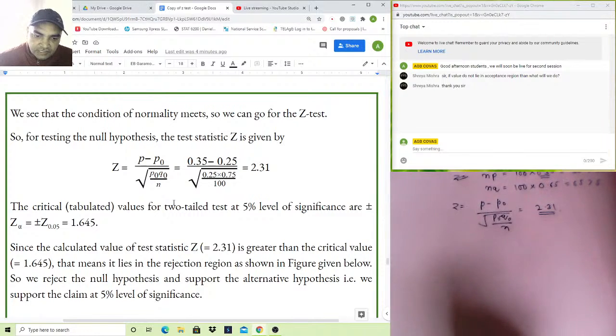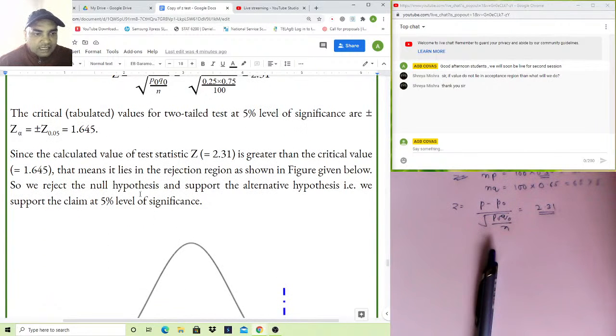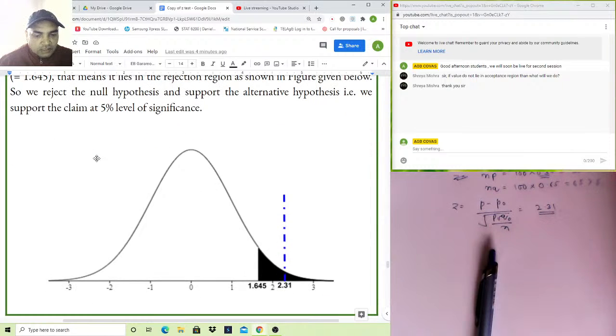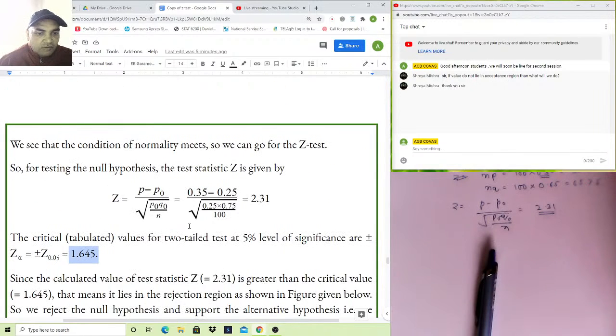So now we will see whether this lies in the rejection region. For a two-tail test at the 5% level of significance... no, sorry, this is a one-tail test, and the critical value is 1.645. It will be a right-tail test. Why?